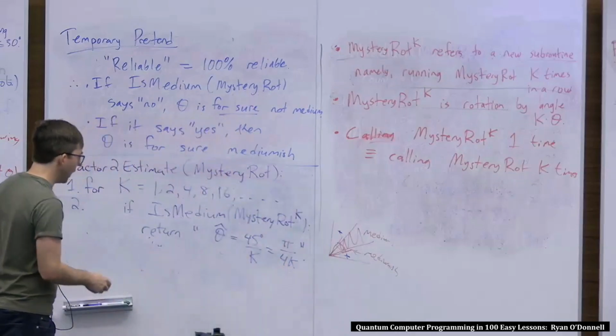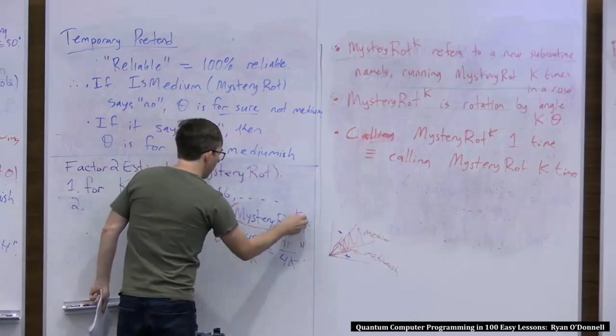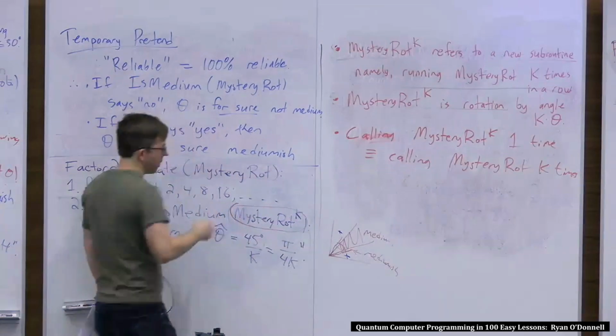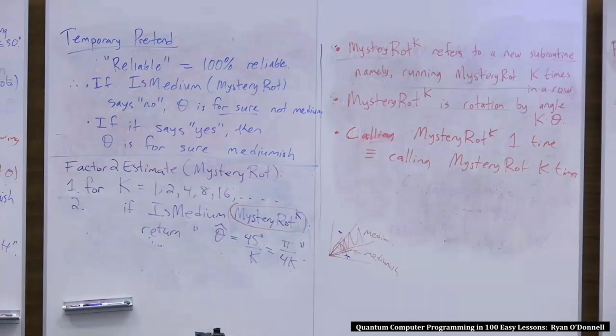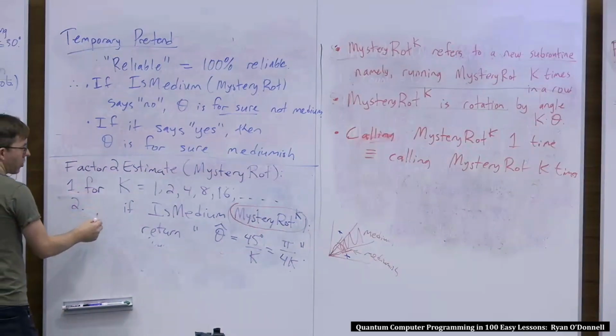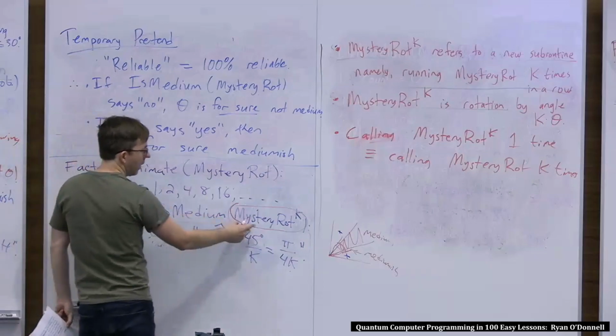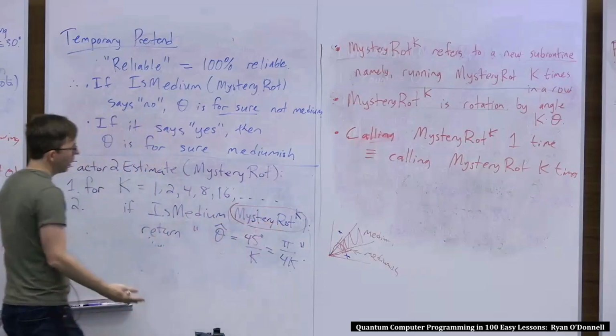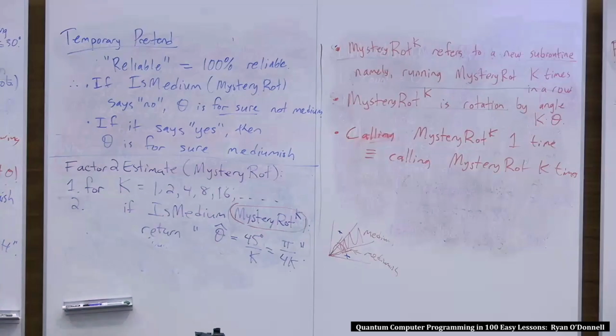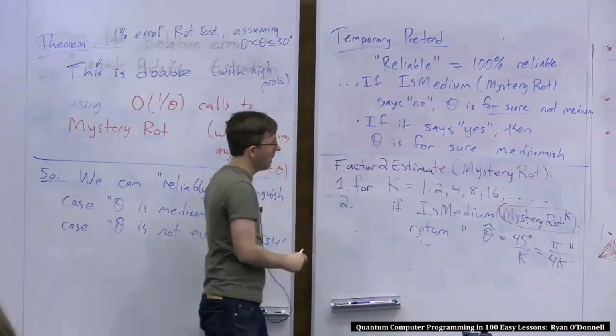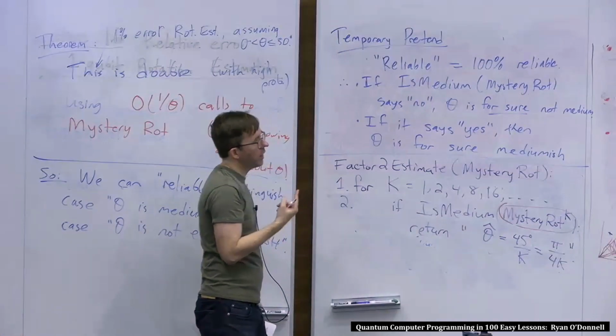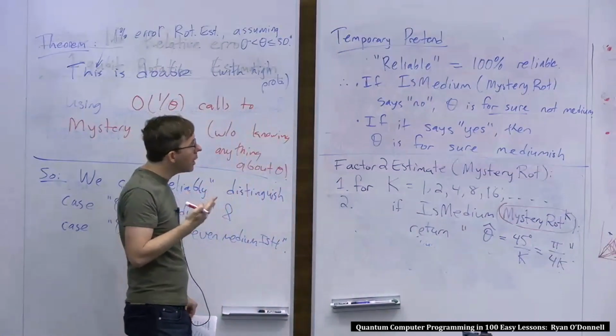And the other thing I won't write, but here we're applying is medium to this mystery rot to the K. I hope you can see what's going on: when K is 1, we try to tell if theta is medium, which it's not, because it's less than 30. Although this might still return yes, because if the initial theta is 29 degrees, that's medium-ish.